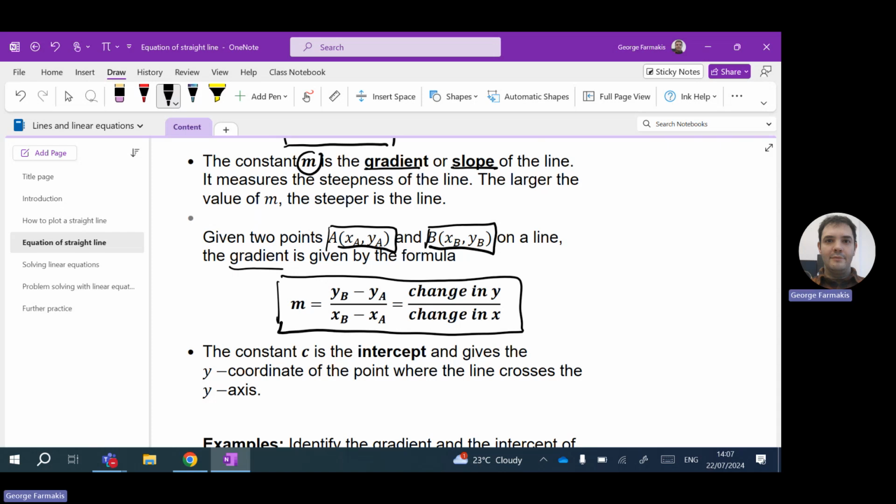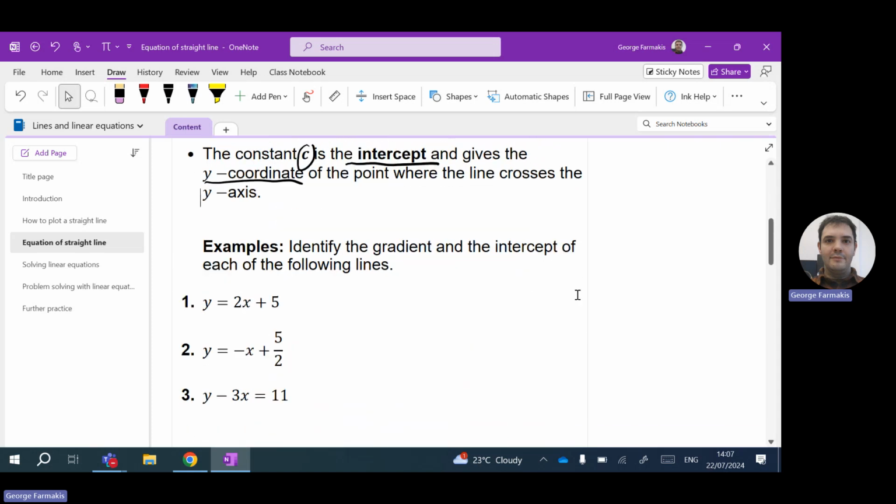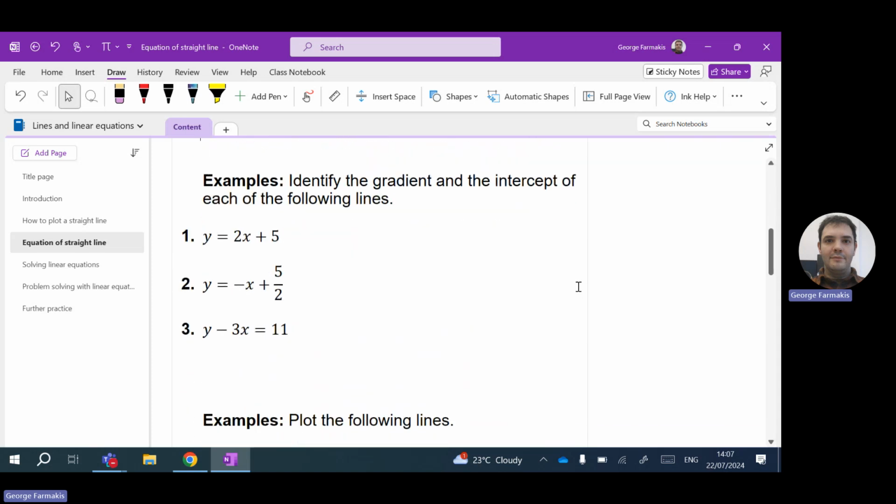We can use this formula to calculate the gradient of a line whenever we know 2 points. The constant c is called the intercept, and it gives the y coordinate of the point where the line crosses the y axis.